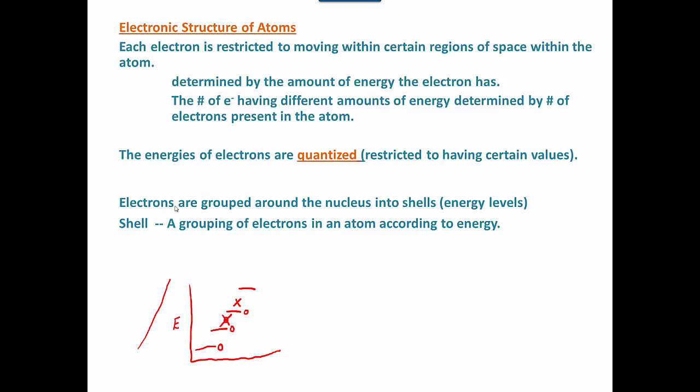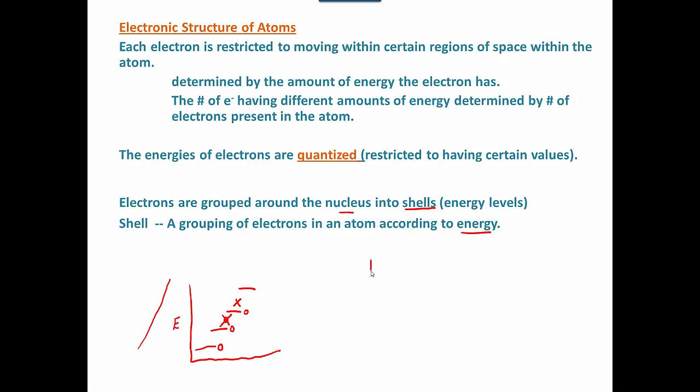So electrons are grouped around the nucleus into energy levels, which we call shells. And an energy level is a grouping of electrons in an atom according to energy. So we call these shells the principal energy levels.